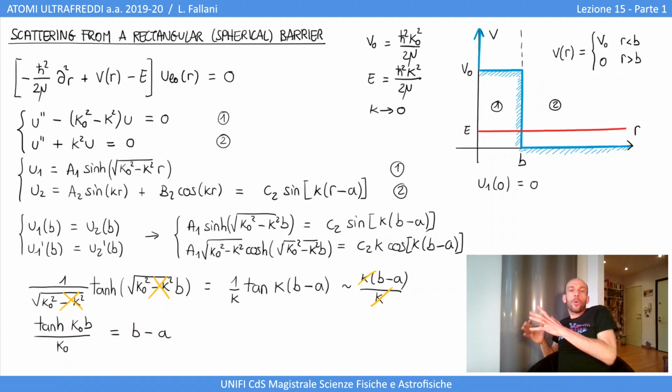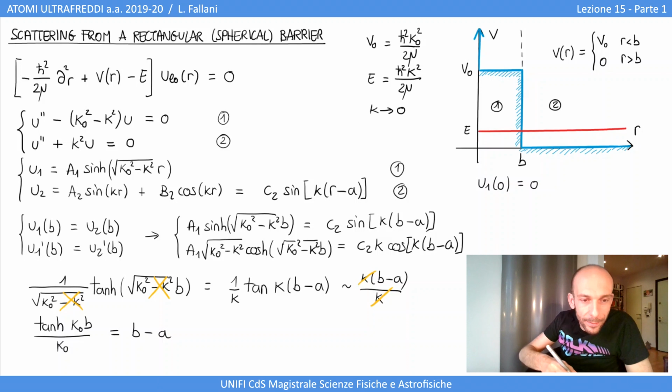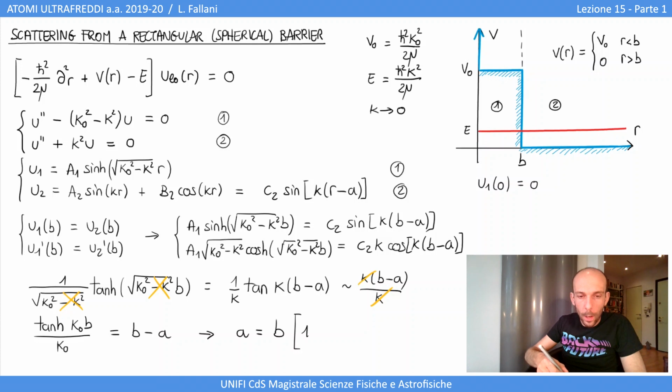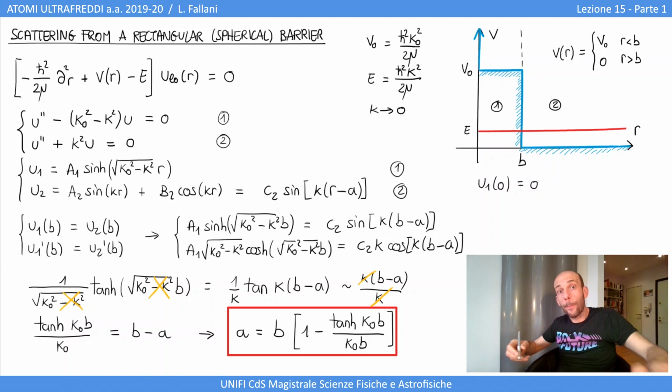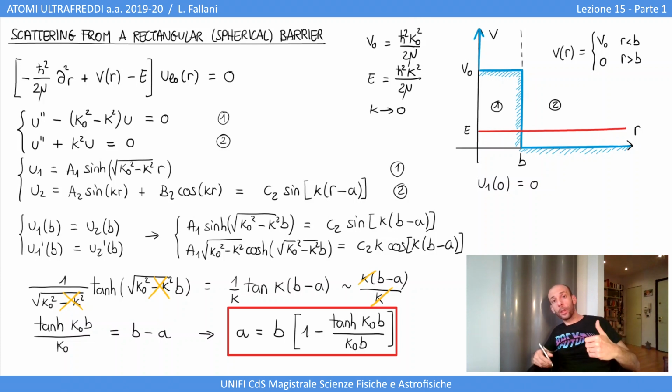Good, and I can rewrite this last result that does not depend on k in this form. So I can write that the scattering length can be written as b times (1 minus the hyperbolic tangent of k0b divided by k0b).